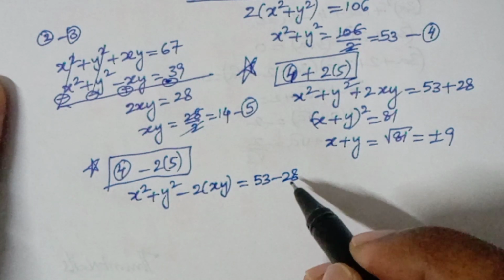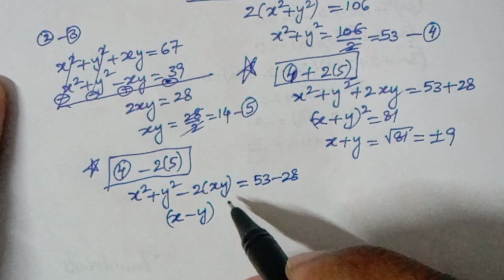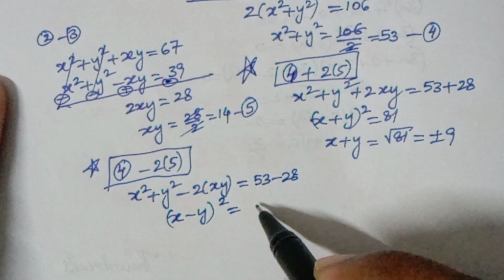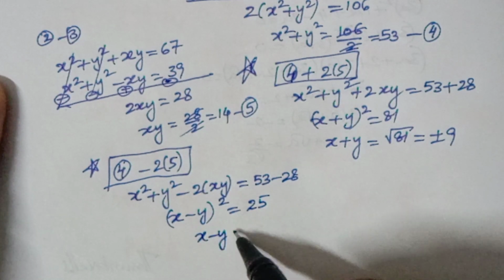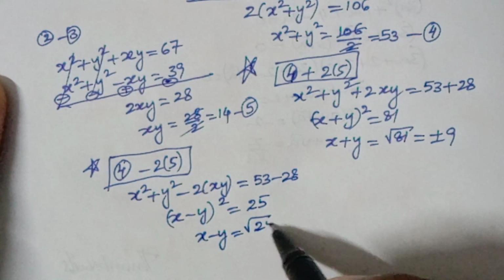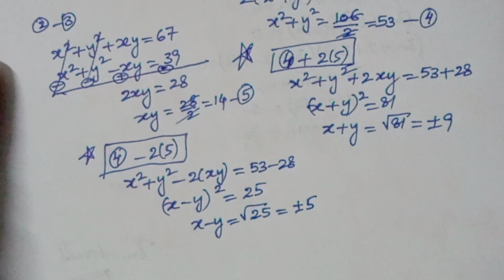So (x - y) whole square is 25. So x - y is equal to the square root of 25, that is nothing but plus or minus 5.